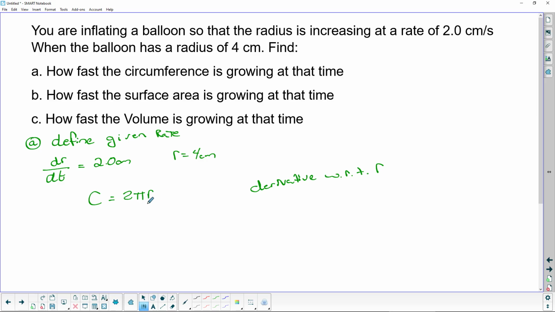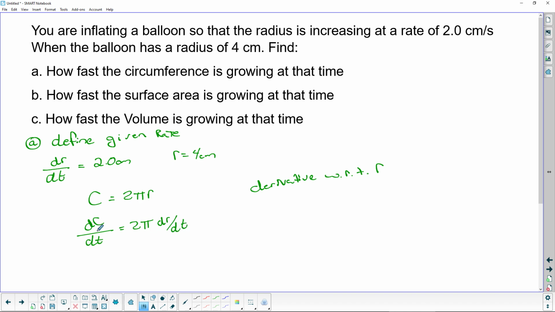So this is going to become our dr/dt. So we're going to go dC/dt equals, now 2 pi is not a variable, it's just a number, so we leave it. This is a variable. The derivative of r is 1, so we're just going to go 1 times dr/dt.